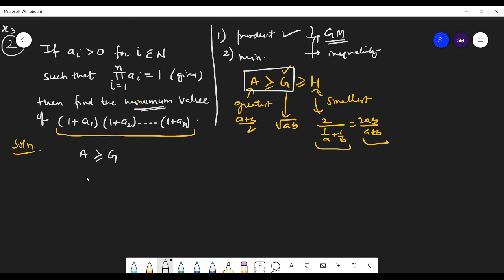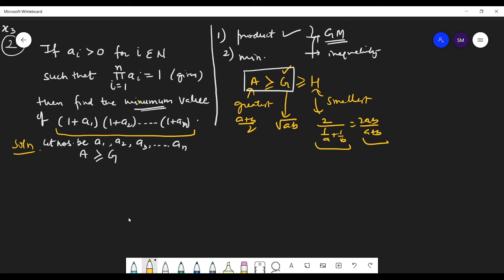Now what numbers are you going to take, whose arithmetic and geometric mean you will be taking? You have to choose the numbers. A1, A2, A3 and so on up to An.